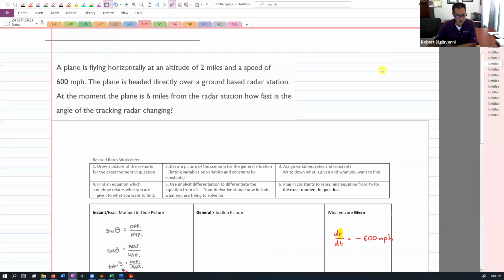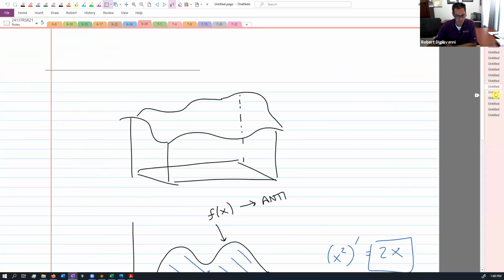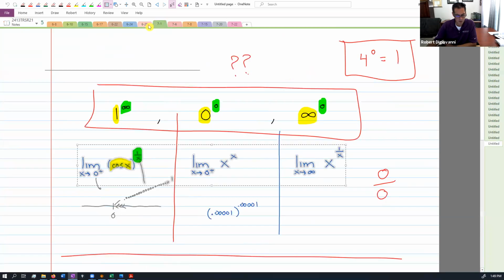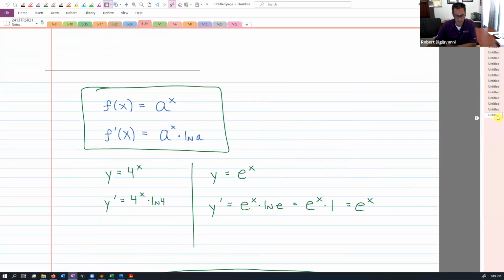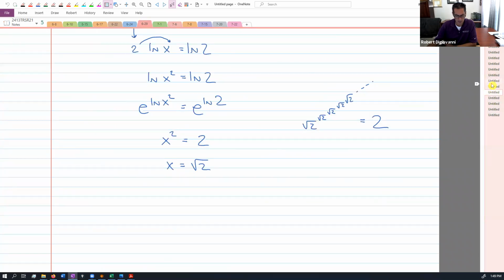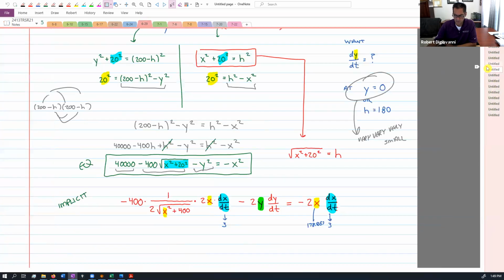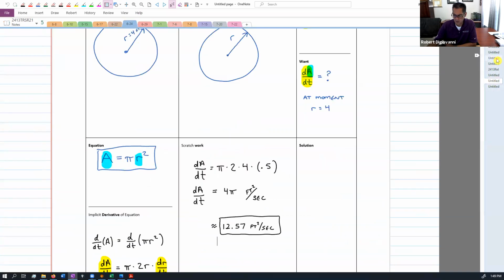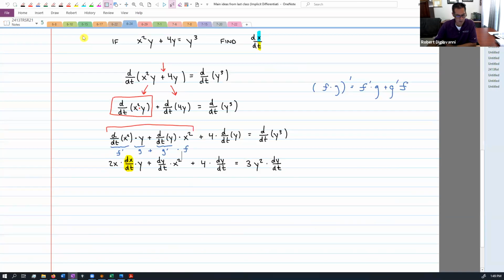Related rates, after related rates. After exponential, hold on. I know I talked about it. I think I did. Maybe I didn't.